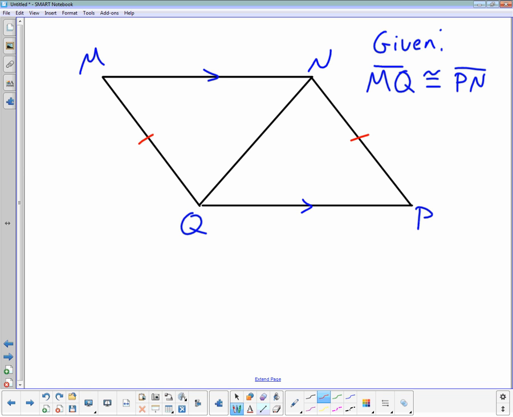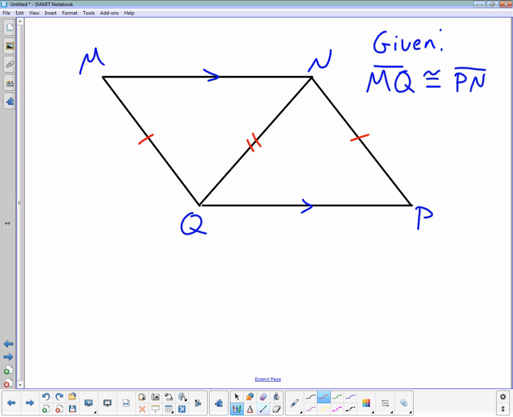What else? What did we call it? The reflexive. Parallel does not mean congruent. You can do that one. That one's also free, right? By what property? The reflexive property. MQ is congruent to PN because it was given to me. And NQ is congruent to QN because of the reflexive property, right?